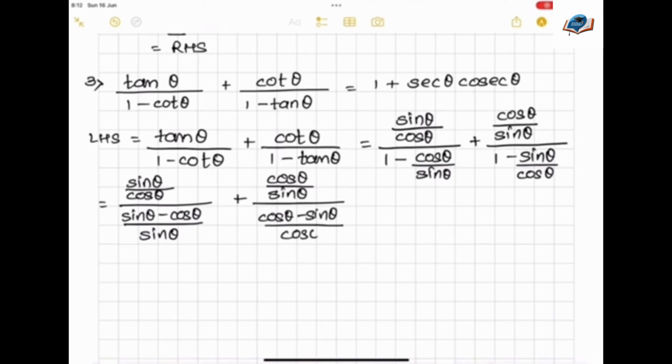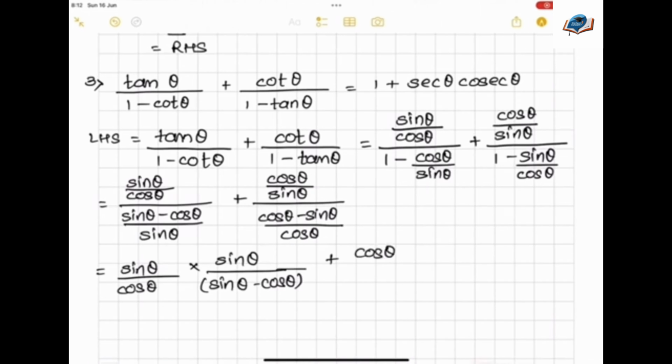Now multiplying with the reverse, so sin theta upon cos theta into sin theta upon sin theta minus cos theta plus cos theta upon sin theta into cos theta upon cos theta minus sin theta.